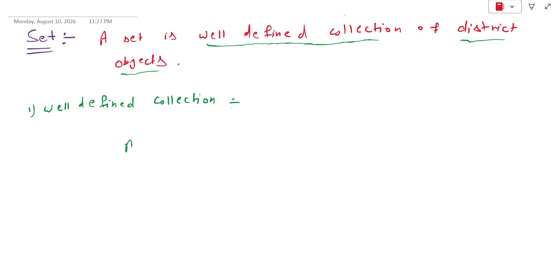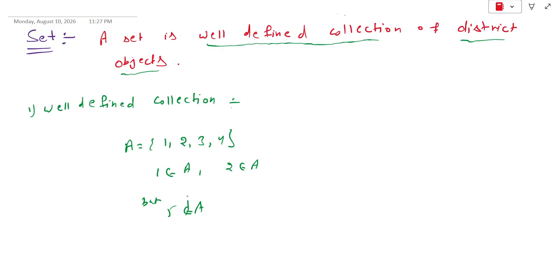For example, A is equal to {1, 2, 3, 4}. We clearly see that 1 belongs to A, 2 belongs to A, but 5 belongs to A? No, 5 does not belong to A. So my collection is well defined. We can clearly decide whether a particular object belongs to A or not.